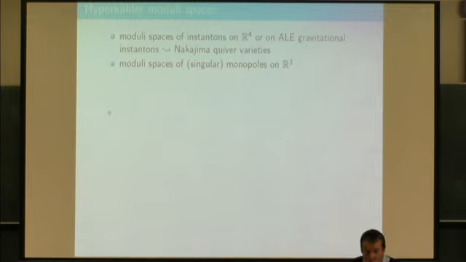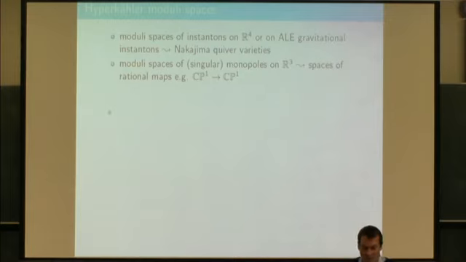Then, a perhaps less understood class of varieties, hopefully it's changing, is the moduli spaces of singular monopoles on R3. The kind of spaces we get algebraic geometrically are, for example, certain spaces of rational maps, in some cases between P1 and P1.